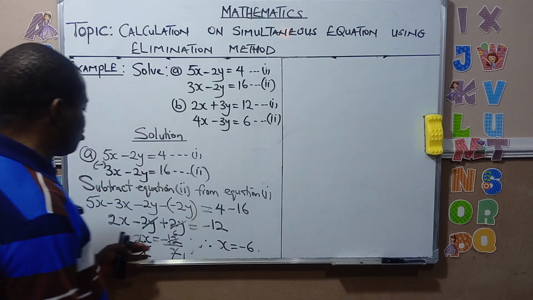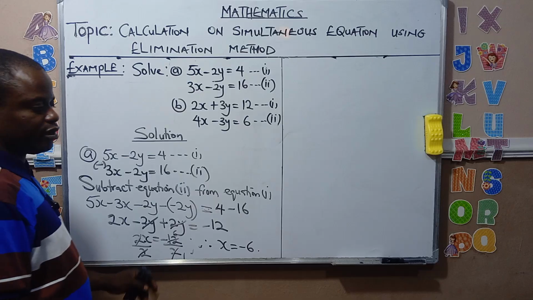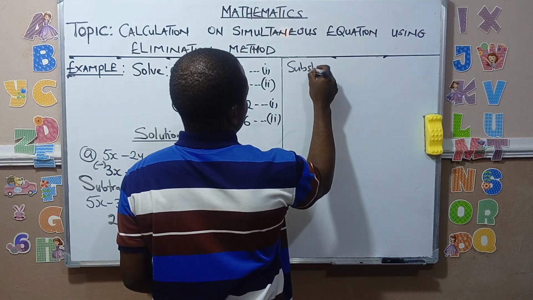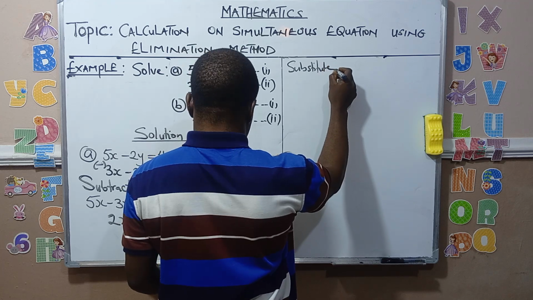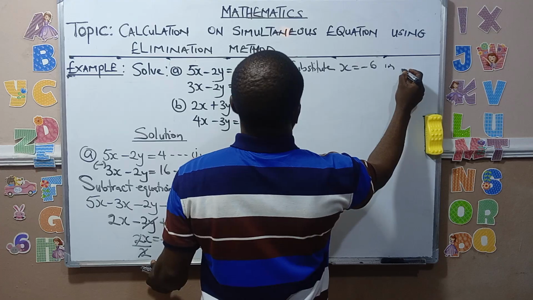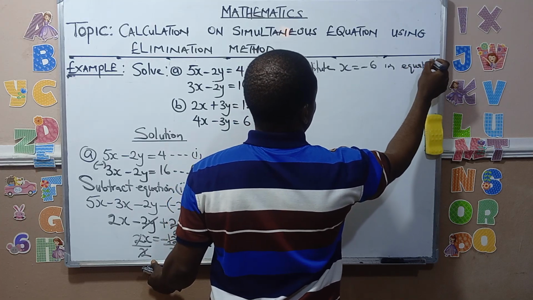That's the elimination method. We have eliminated y to get x. Now let's substitute x equals minus 6 in equation 1.